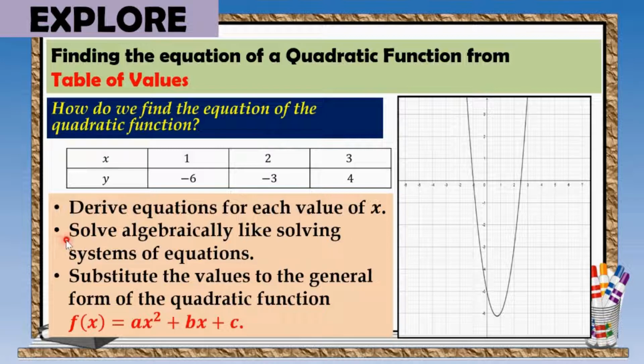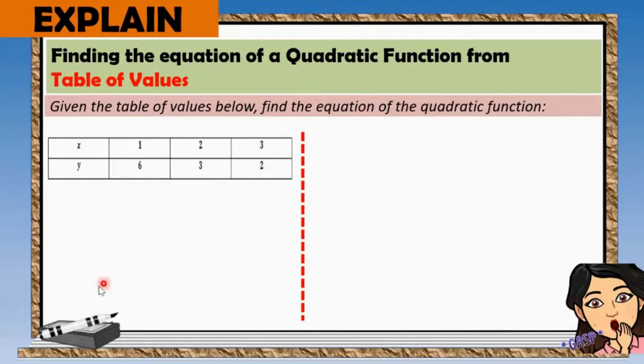Then solve algebraically, like solving systems of equations. Substitute the values to the general form of the quadratic function f(x) = ax^2 + bx + c. Now, let's have example number 1.